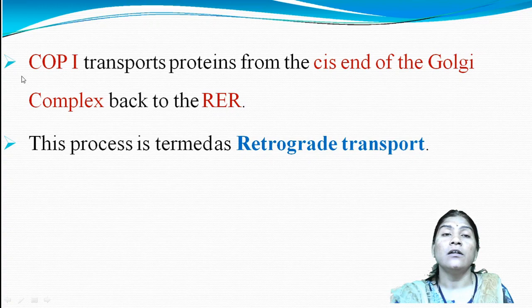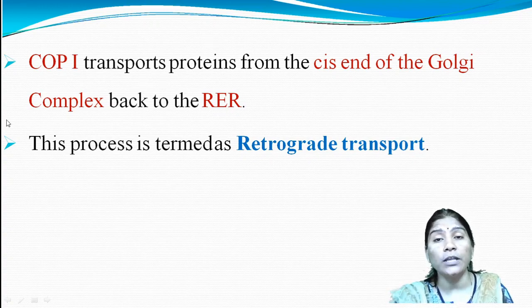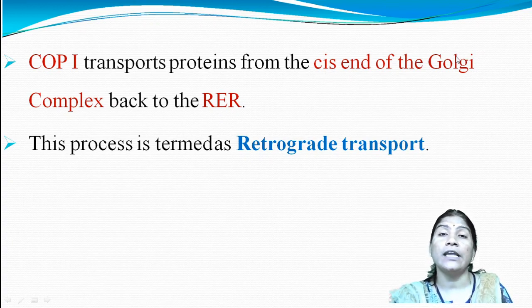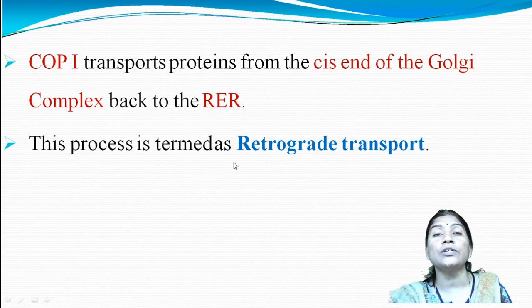But when the COP I complex transports proteins from the cis end of the Golgi apparatus back to the rough endoplasmic reticulum, that process of transportation of a protein is called retrograde transport.